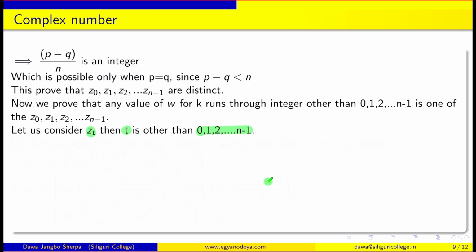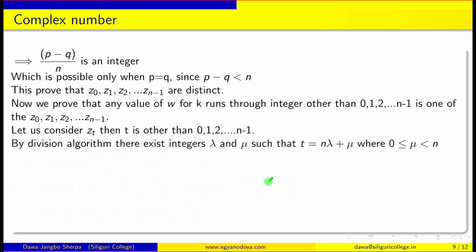So I'm taking t as greater than n minus 1. By the division algorithm there exist lambda and mu such that t can be written as n lambda plus mu, where 0 is less than or equal to mu less than n. This is by the division algorithm.